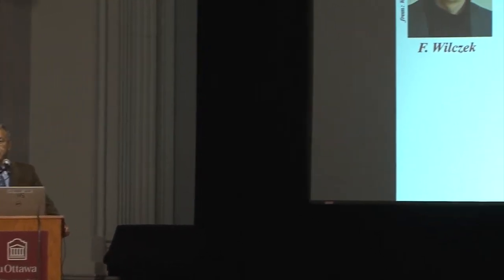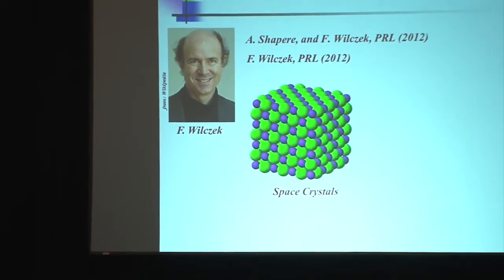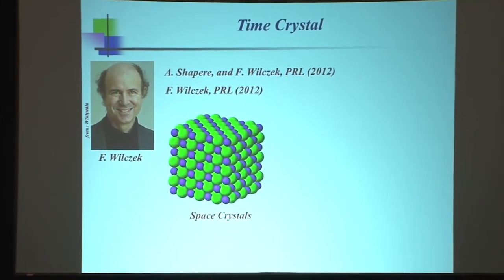Now, we had two sources of inspiration for this. One is the concept of time crystal. In 2012, Nobel laureate Frank Wilczek introduced the concept of time crystal. What he was saying is that we know a crystal is a periodic distribution in space of atomic structures.